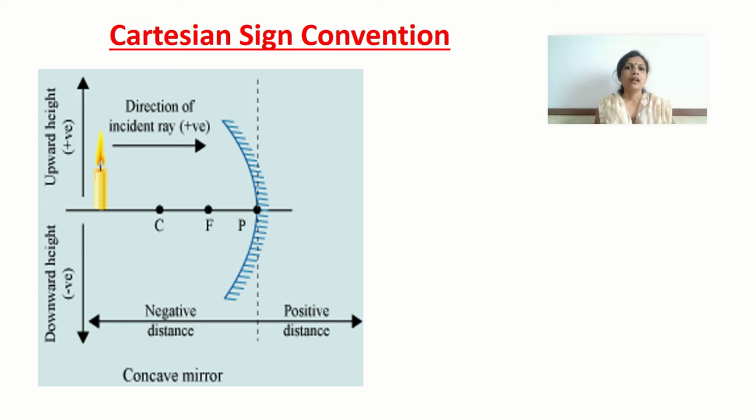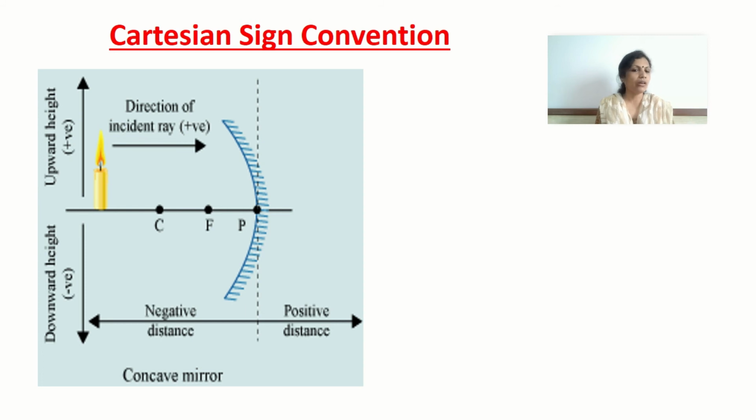Now we have just learned about the images. You have to check where the image is formed. If it is inverted, then your image distance is towards the left side of the pole, so image distance is negative, and the size of the image is also negative. So you have to just bring the graph in front of your eyes, and based on that you have to decide.